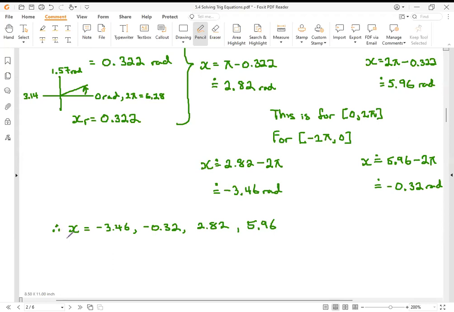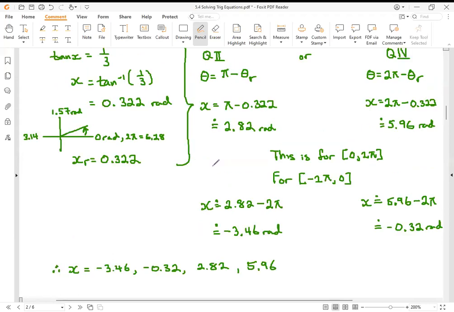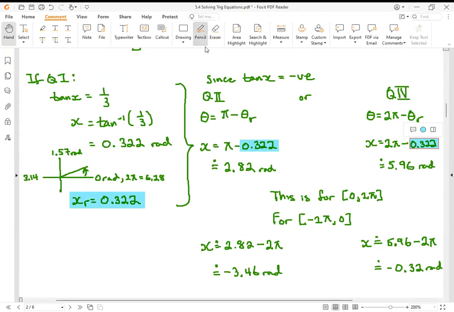Yes? What's the point of that very first step in quarter 1? This one? Yeah. This section gets me to identify my acute related angle, which helped me find quadrant 2 and quadrant 4 very quickly. I use it to subtract from pi and 2 pi.